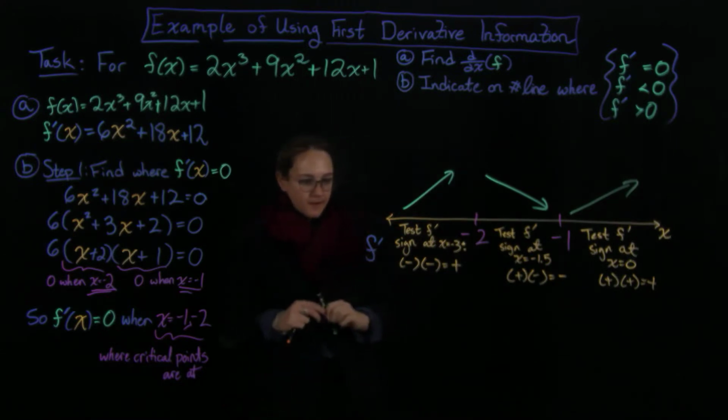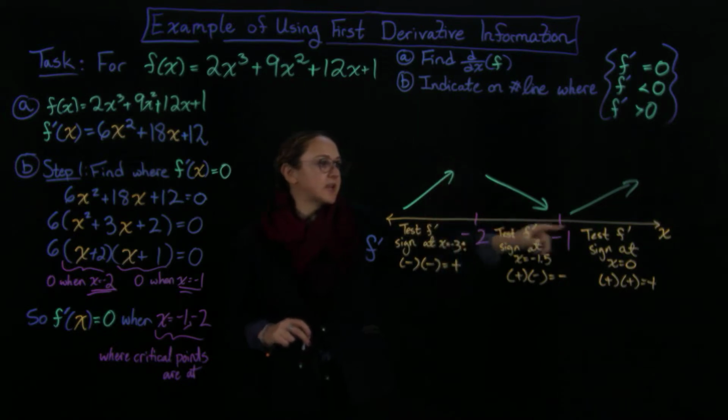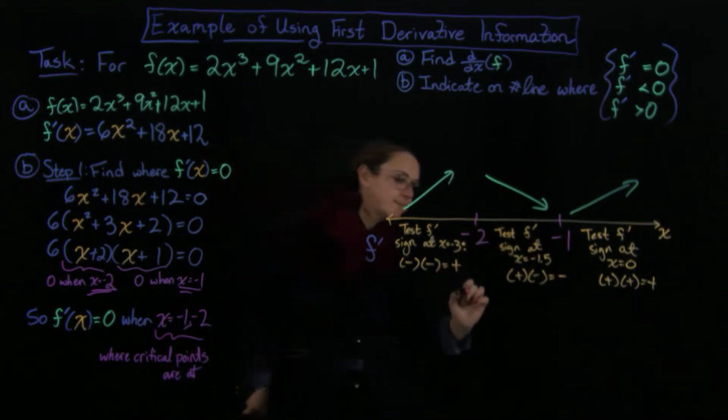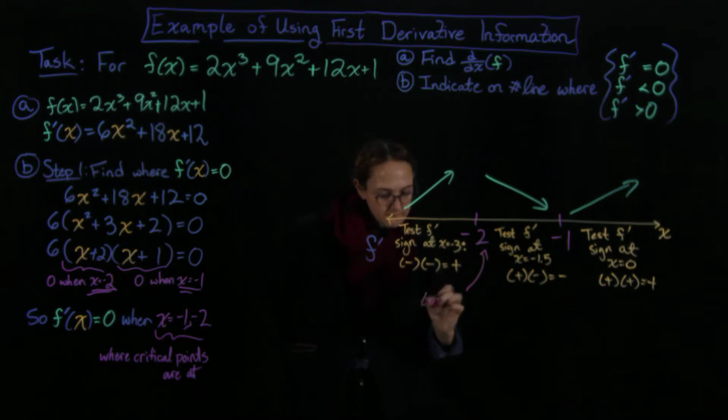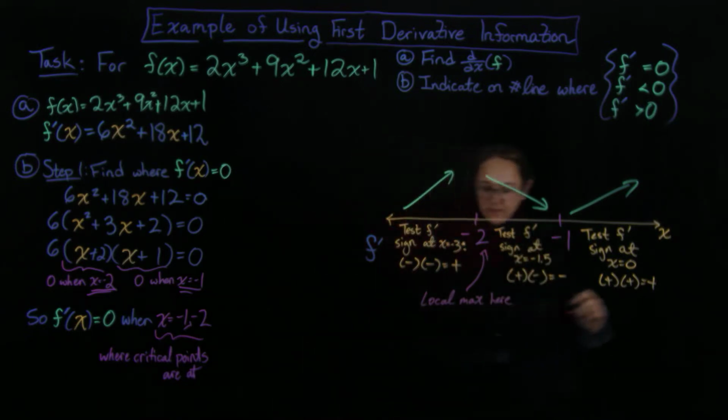Okay. So just looking at this picture, we can tell there's a local min here and a local max here and a local min there. So we have a local max here, and we have a local min here.